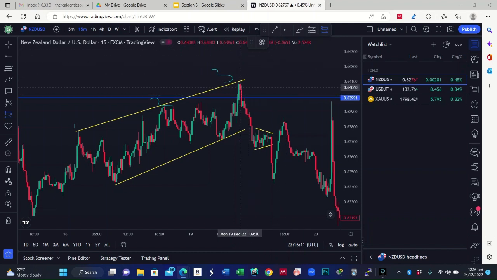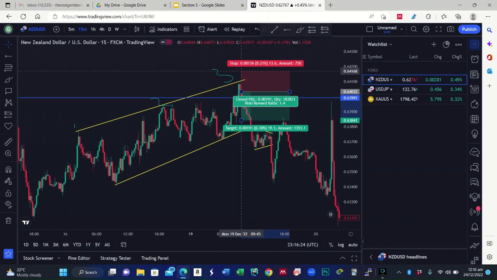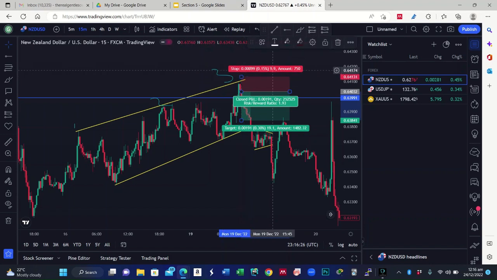You can see after the third touch, there is a bit of a reversal here. When the candle closes, you can enter and then set your stop loss above the structure. You can see our stop loss here is 9.9 pips.